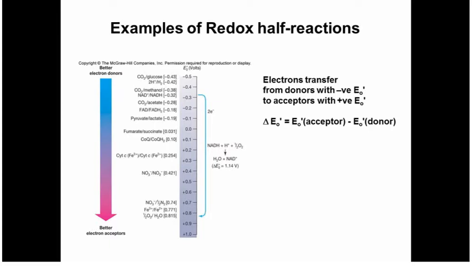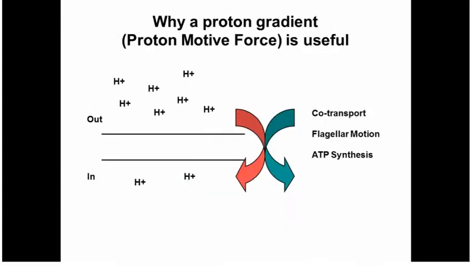So what are proton gradients used for in cells? We saw one example just now. So co-transport, import of malate oxaloacetate, flagellar motion to actually produce physical work of moving the flagellum around, and ATP synthesis. This is really essential for us.